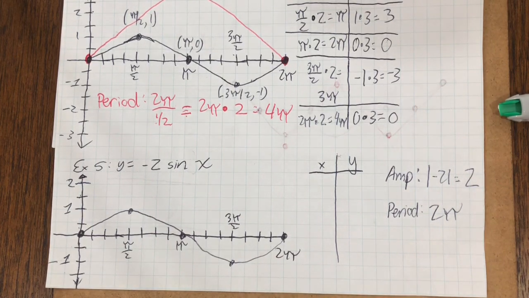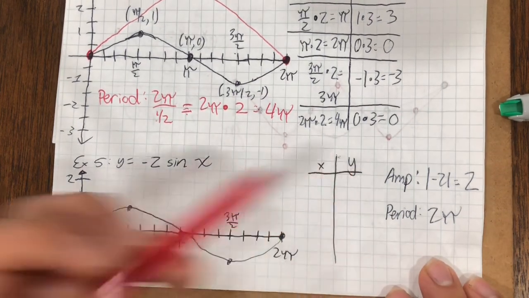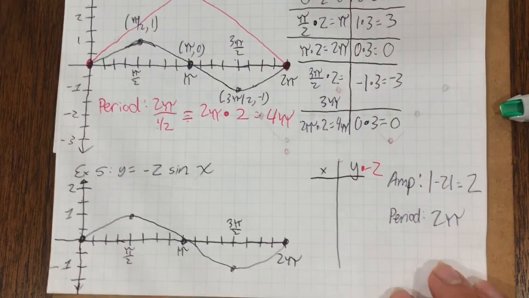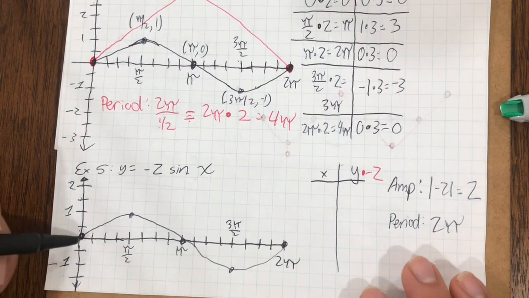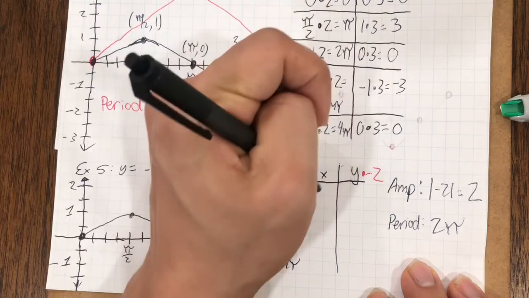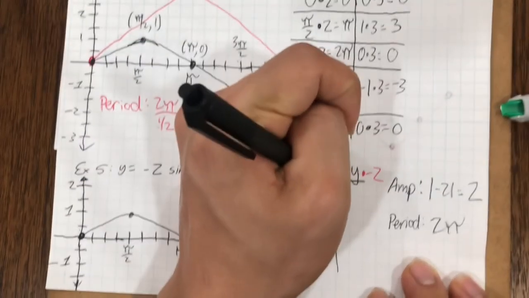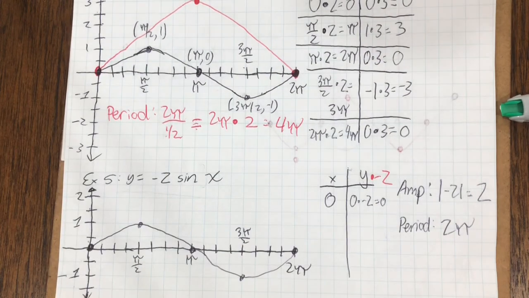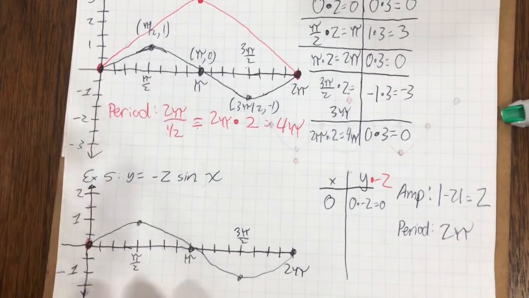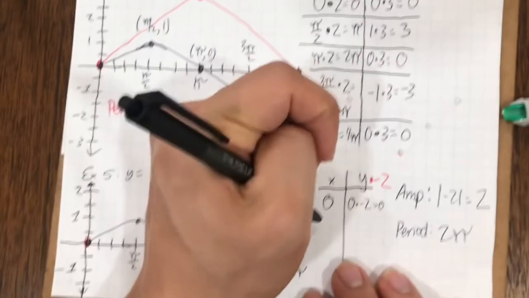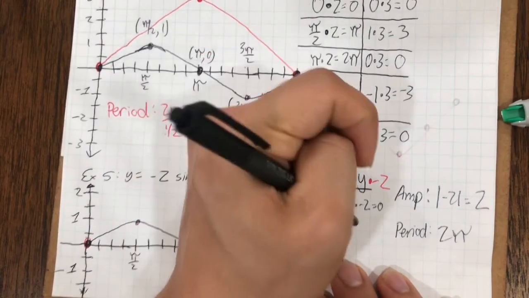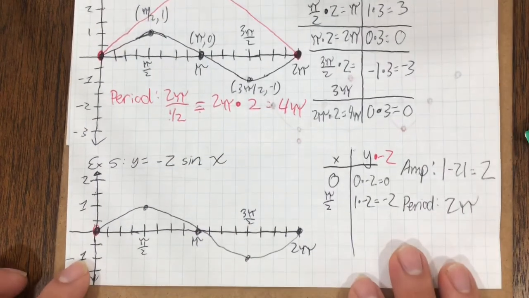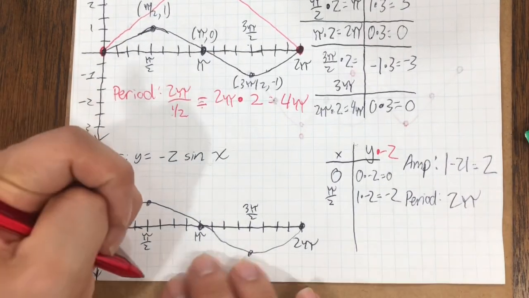Let's see how that changes. I'm going to take my y and multiply it by -2. My x's stay the same. So I have 0, 0. 0 times -2 is still 0. Then we have pi over 2, 1. 1 times -2 is now -2, so the graph is going to be reflected from up here to down here.